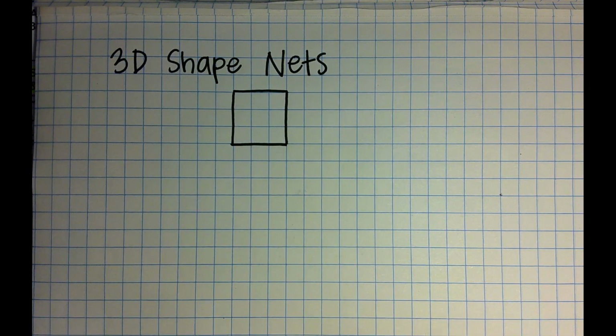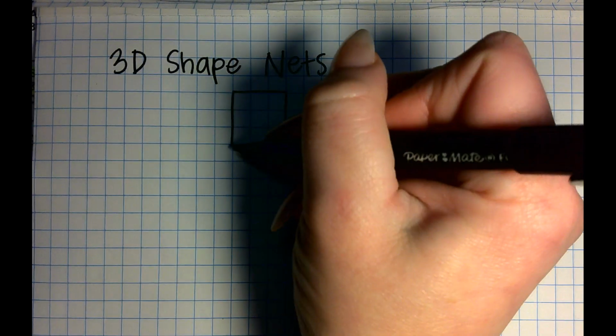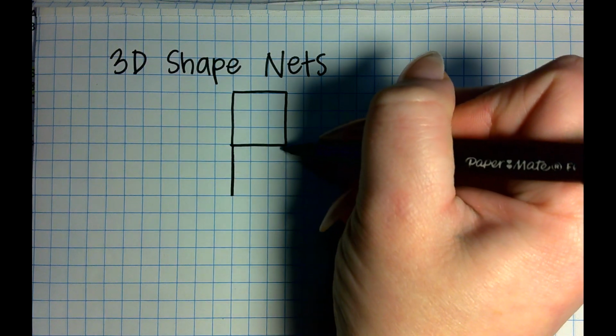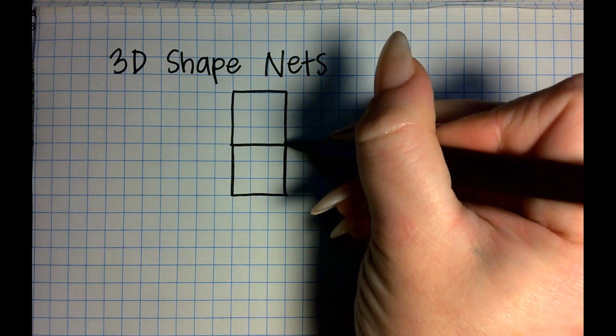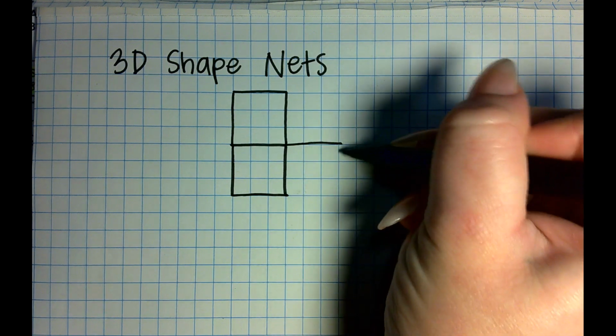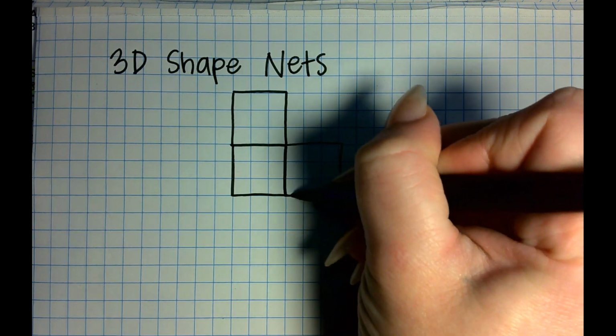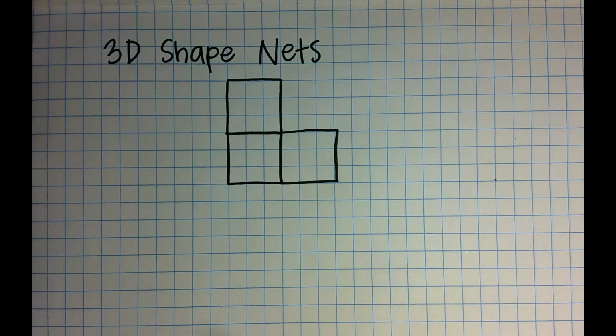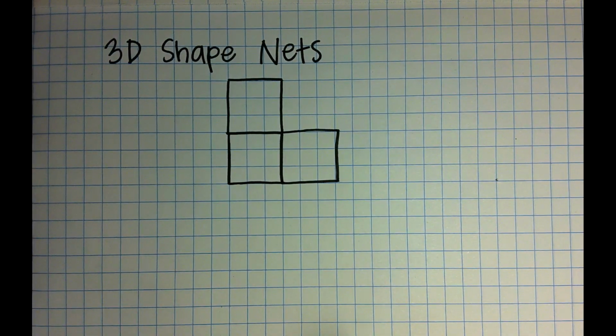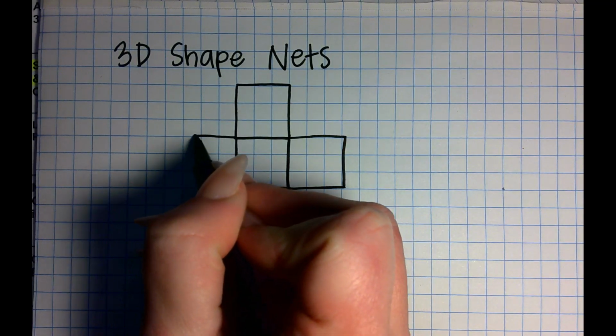To make it three-dimensional, here's what we can do. I am going to draw more squares. You can write it down, absolutely, but you will just have to choose a shape that is not a cube. This is just an example.